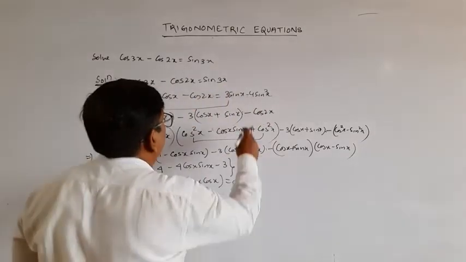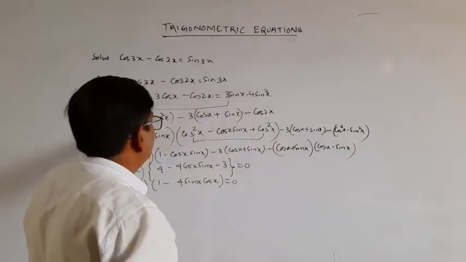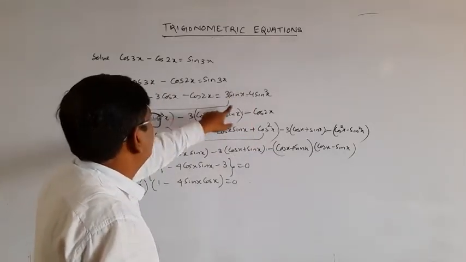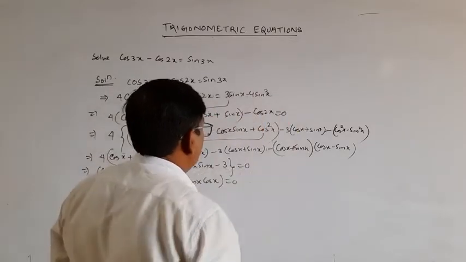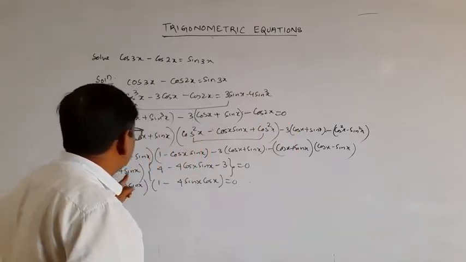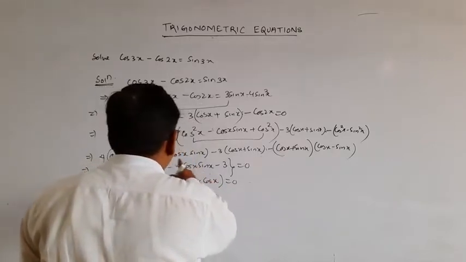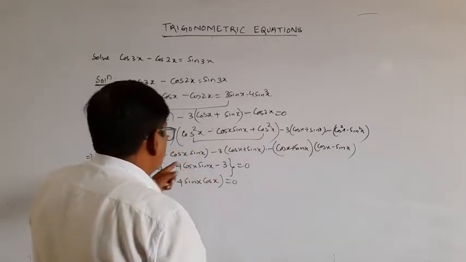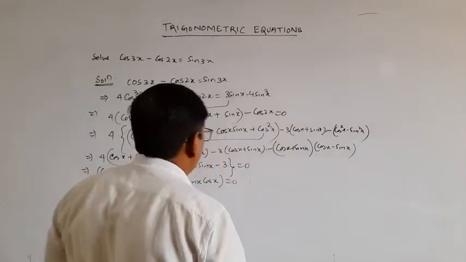So this is minus cos 2x, and this is cos 2x, equal to 0. So taking cos x plus sin x common, this is cos x minus sin x, cos x minus sin x, cos x minus sin x.